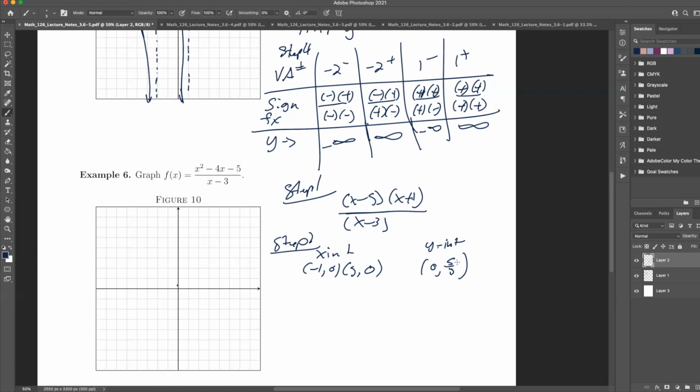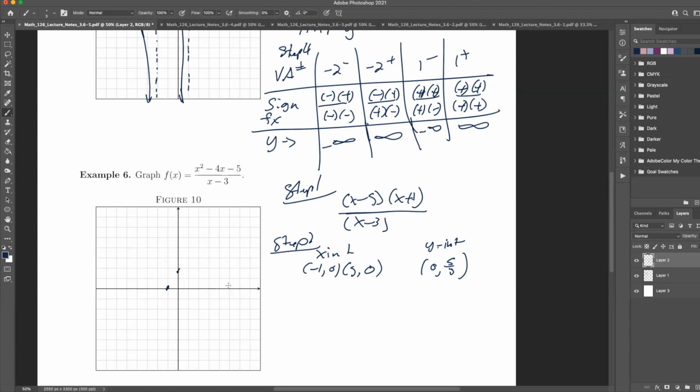Wow, my brain's really just flipping everything today, isn't it? It's 5/3, so 5/3 is about here, I suppose. So -1, 0 is one of our intercepts. We'll put that in right here.